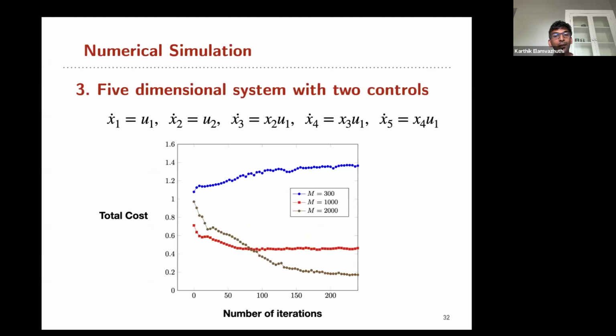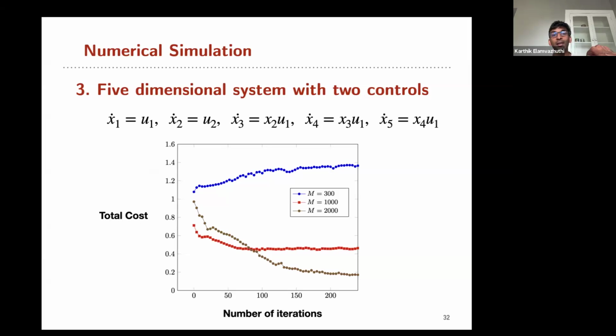And this method can also be applied to higher dimensional systems. Of course, I'm not saying that we can avoid the curse of dimensionality, because you would just need a larger and larger neural network. But we could at least approach systems of moderate dimension. For example, this system.